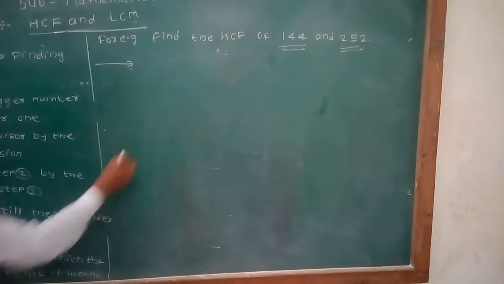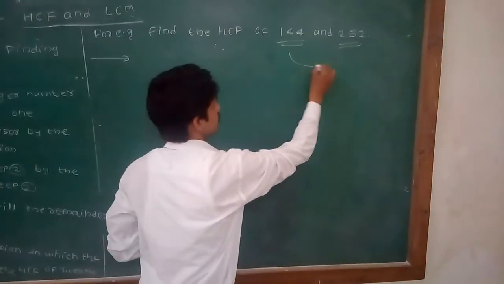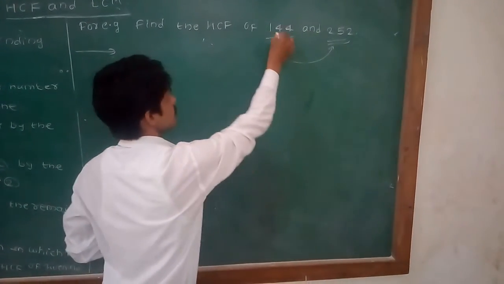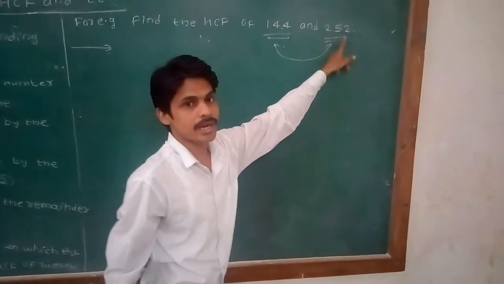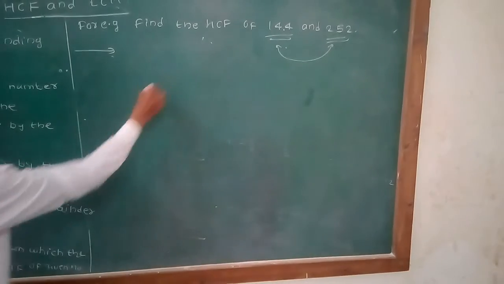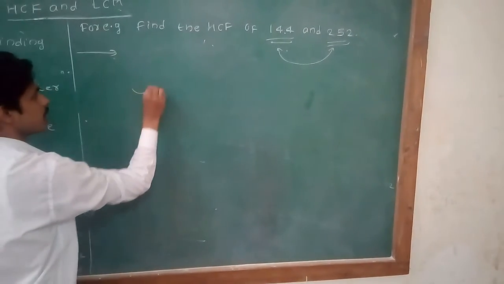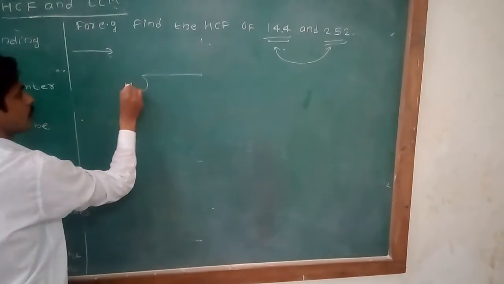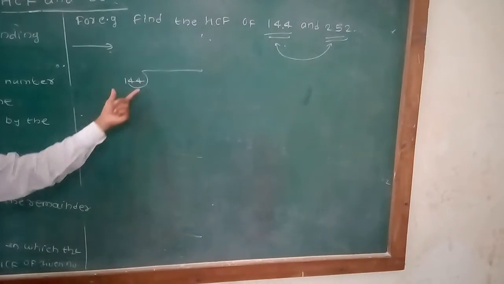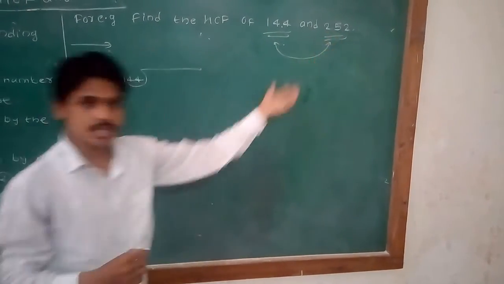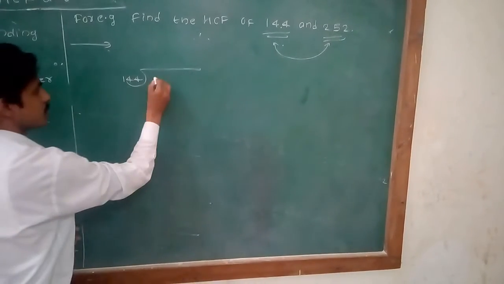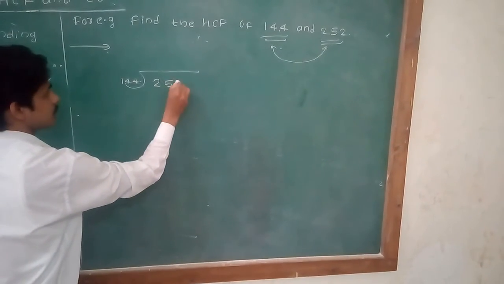The smaller number of these two numbers is 144 and the bigger number is 252. So 144, which is the smaller number, we write here, and 252, the bigger number, we write here.